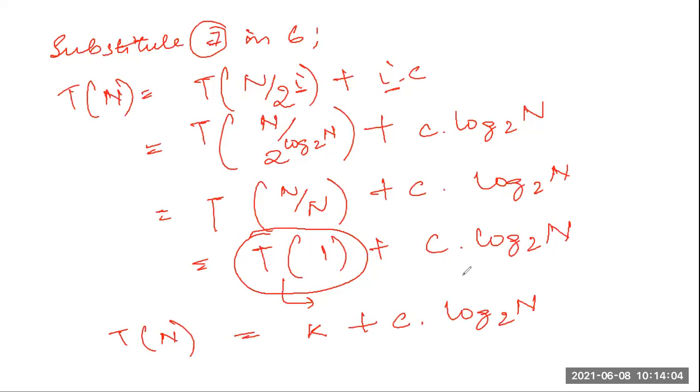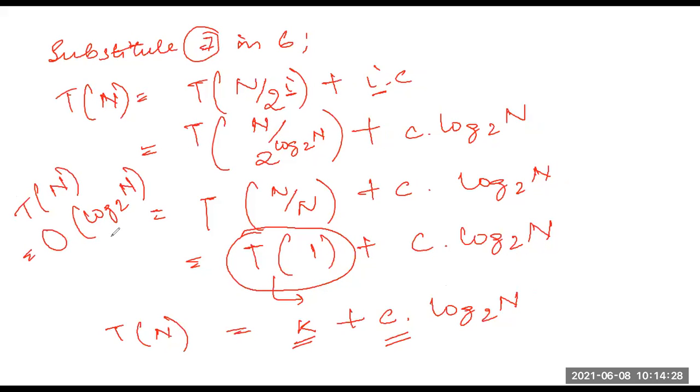And we will always ignore the constant factors. So this is constant factor, this is constant factor. So the time complexity is order of log 2n. This is the time complexity.